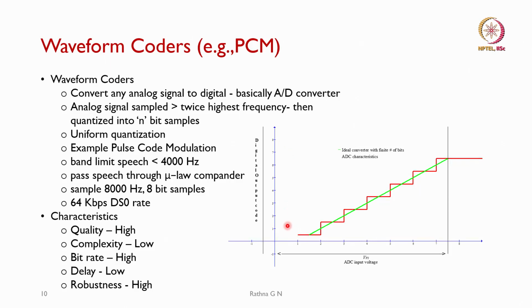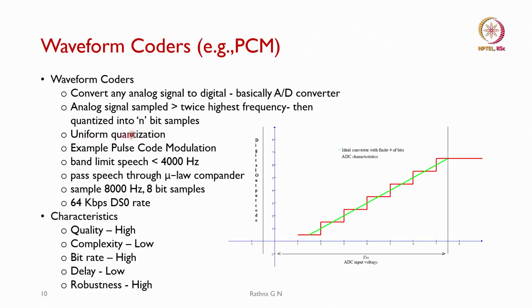It will be the nearest value that we represent, and the error is minus delta by 2 to plus delta by 2. That is the error we get in representation. So, n-bit samples is what we are going to represent.